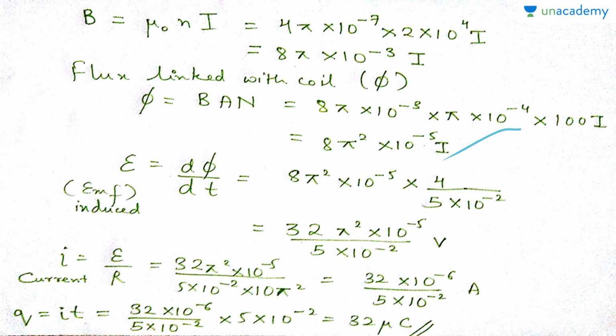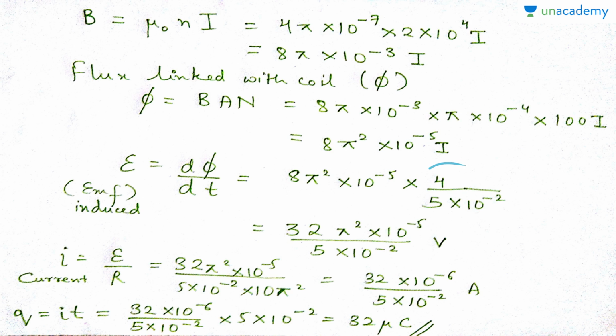Now the EMF induced in the coil will be the differentiation of flux with respect to time, that is d phi by dt. Okay, so we have 8 pi square into 10 to the power minus 5. Now the current has been reduced to 0 from 4, so 4 is the upper and 0 is the lower.